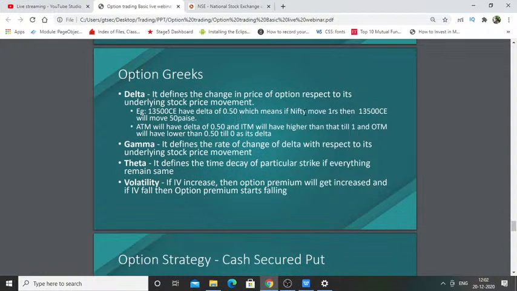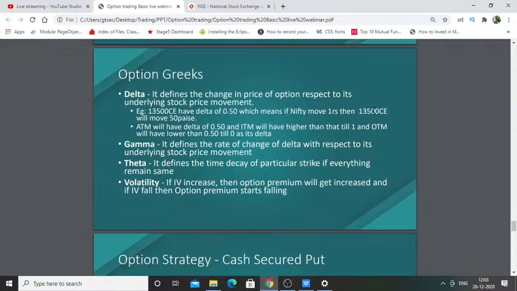If Nifty moves 1 rupee, then this 13,500 call option will move 50 paise. If the delta is 0.30, then for every 1 rupee movement, the option premium will move 30 paise on the upside.